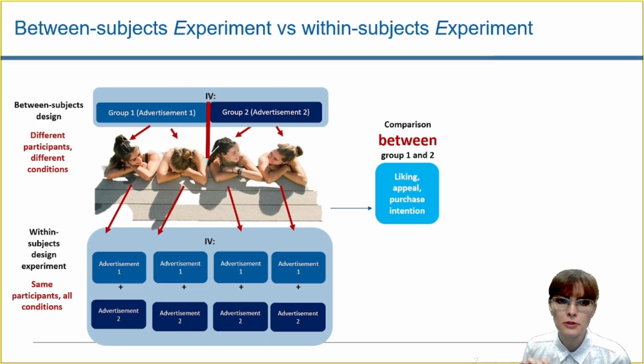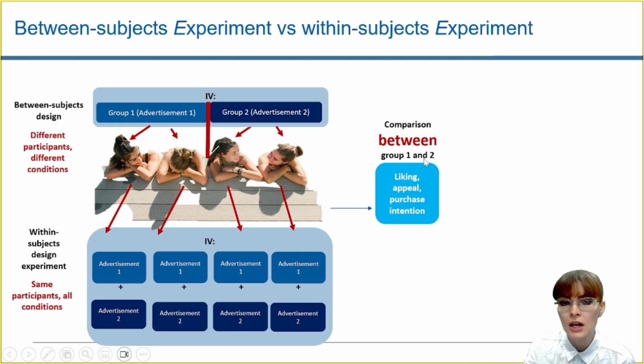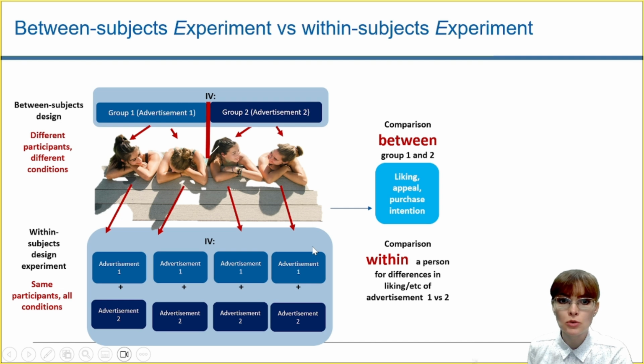Another really cool way to remember the difference between and within subject design is to remember the word between. When we are dealing with between subjects experiment, we're actually comparing between the groups, all right? And this is what is actually reflected in the name of this experiment. But when it comes to the within subjects design, because we are comparing for exactly the same person which advertisement resonated better, we're kind of comparing within that subject, within that participant.